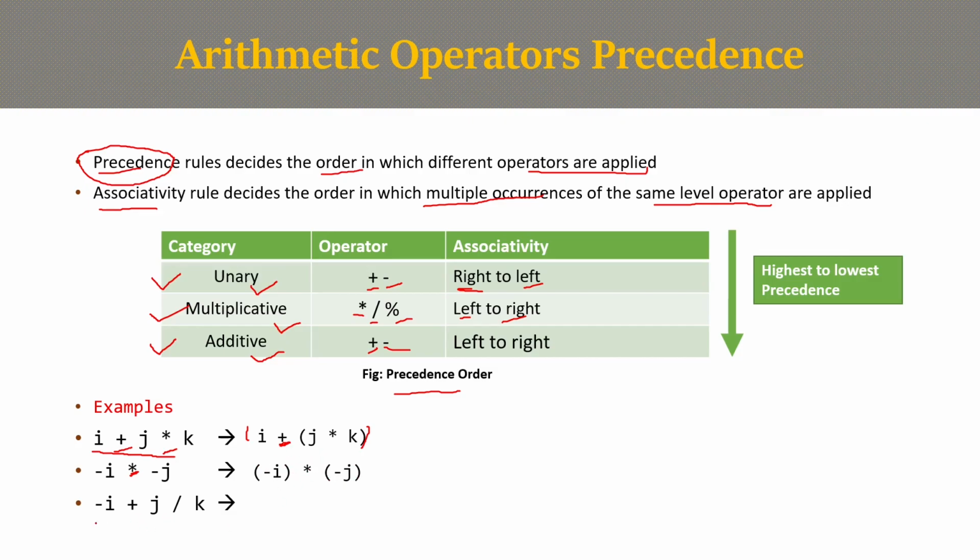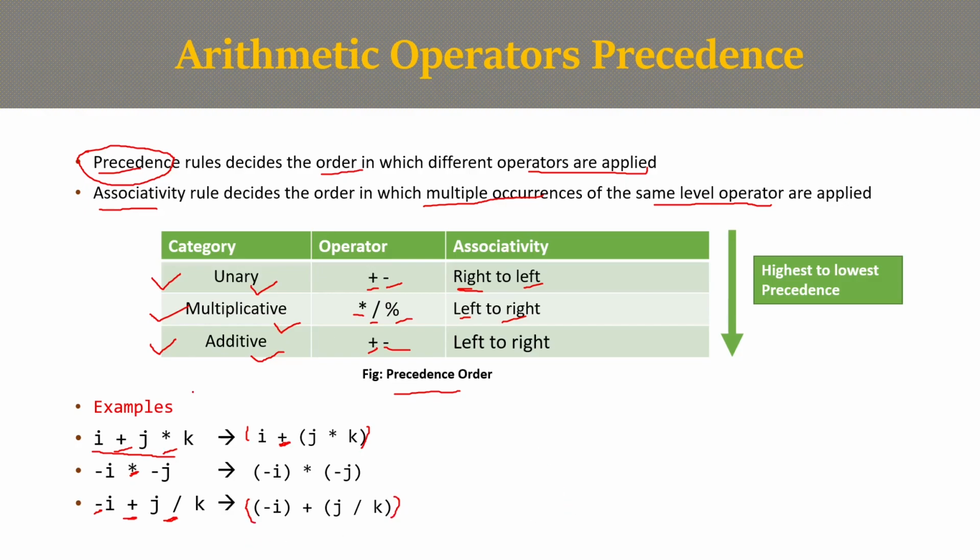In the third example, we have the unary minus, then the addition, and then the division symbol. Obviously the unary operation will be done first, then the division operation, and lastly the addition operation. First the unary minus is done, then the division is done, and at the end we will do the addition.